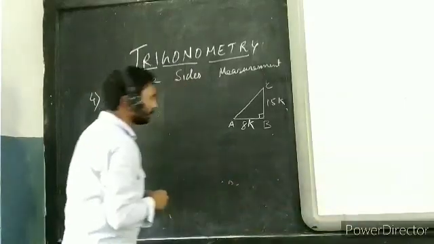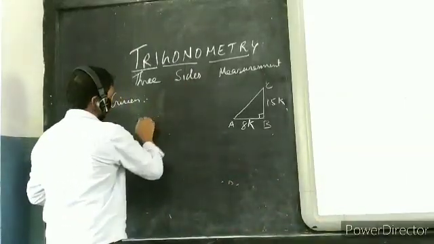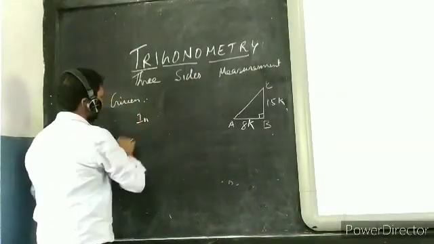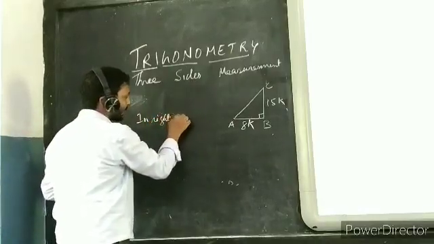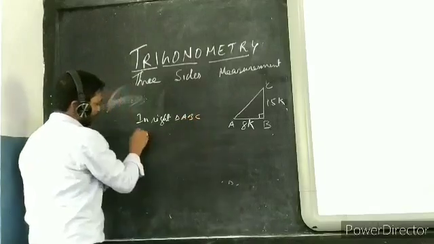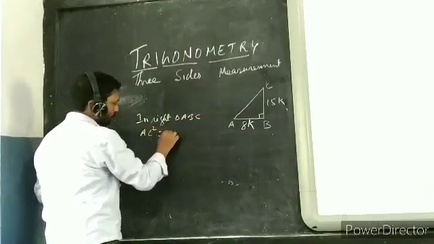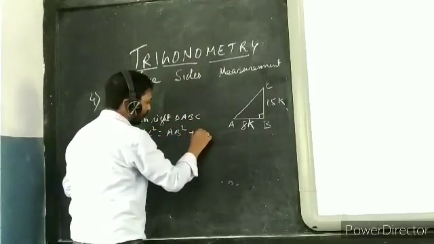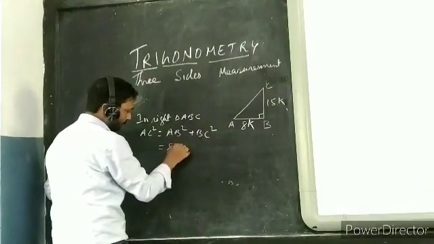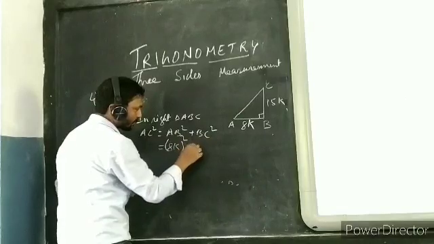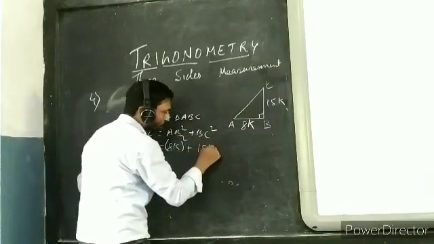Now see, we will use in right triangle ABC: AC square equal to AB square plus BC square, where AB is 8K whole square plus BC is 15K whole square.